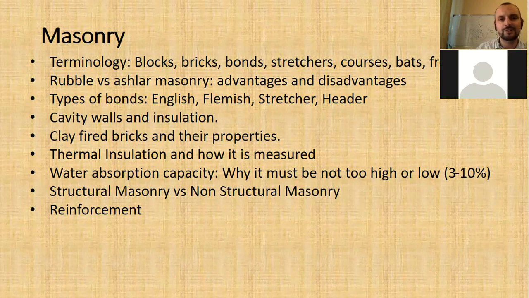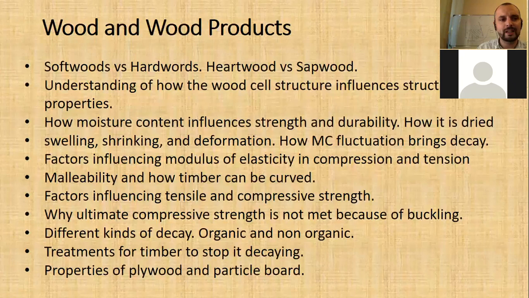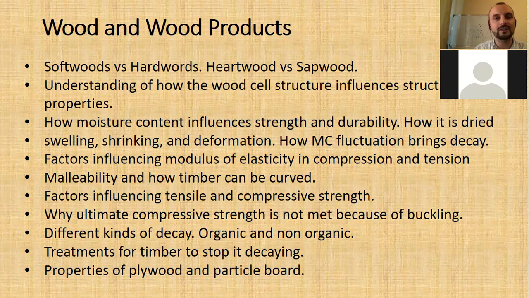We then went into wood and wood products. We talked about softwoods and hardwoods, heartwood and sapwood. Know these terms. A hardwood is not necessarily harder than a softwood. A wood that is soft is not a softwood, and a wood that is hard is not a hardwood. That's not what it means.